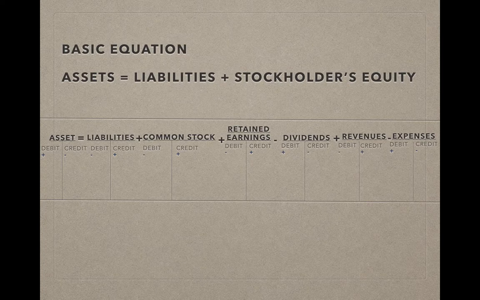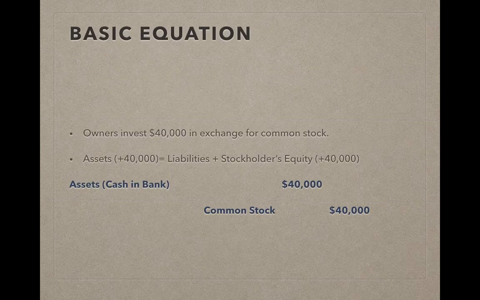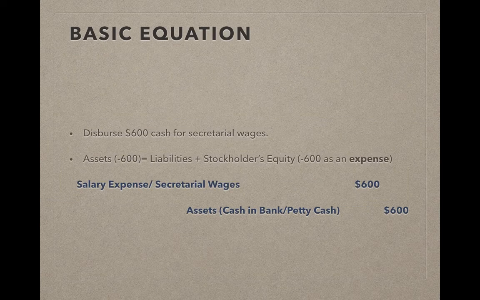Okay, if you can see here, there are dividends. So there is a revenue here and also expenses. All right, let's move on to the journal of the second case.